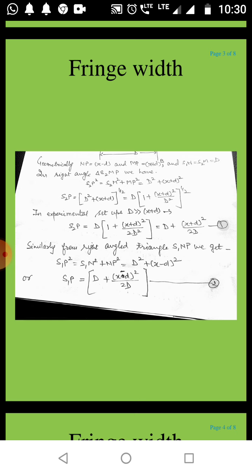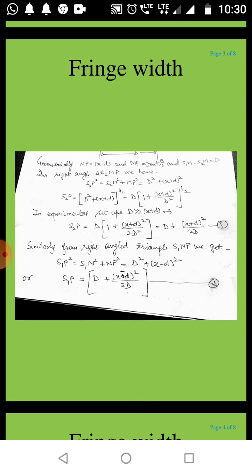In right angle triangle S2MP, we have S2P square is equal to S2M square plus MP square, which is equal to D square plus (x plus d) whole square due to the geometry of the figure, or S2P is equal to [D square plus (x plus d) square] raised to power half. And if we take D common, then S2P is equal to D [1 plus (x plus d) whole square upon D square] raised to power half.